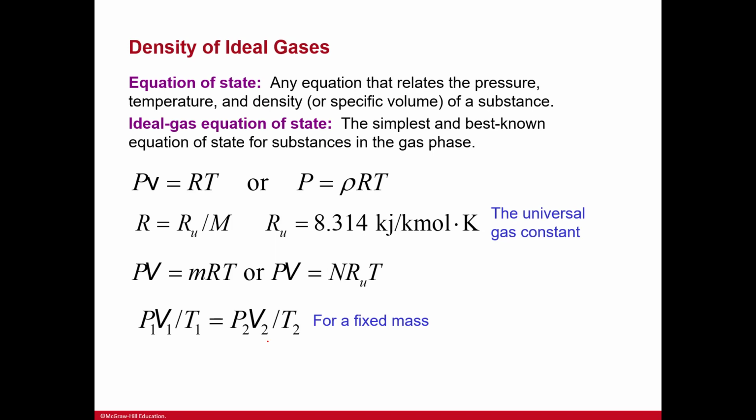Now the density of ideal gases. When we talk about the equation of state, that's any equation that relates the pressure, temperature, and density or specific volume of a substance.